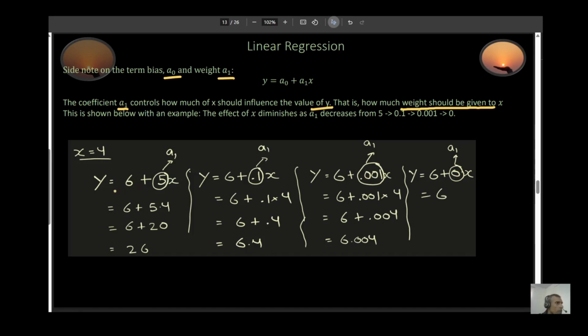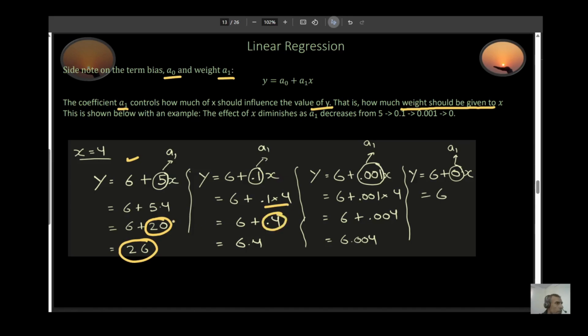Now, let's focus on the first one. When my equation is 6 plus 5x, and you substitute your value of x equal to 4, your answer would be 6 plus 5 times 4. 6 plus 20. So in this case, because of this 20, you got 26. Now let's look at this term right here. My a1 in this case is 0.1. So 0.1 multiplied by 4, your answer will be 0.4.